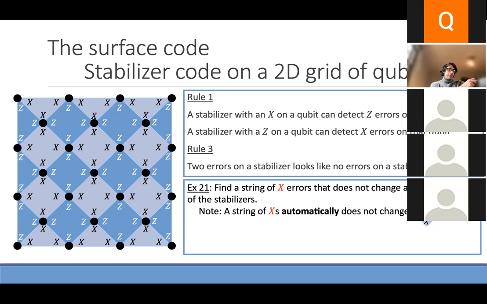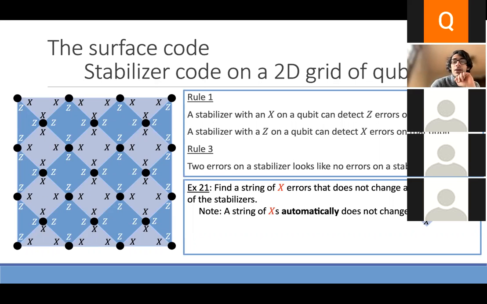I want you to think of putting down some X operators that the surface code can't detect. So you want to put down some X operators so that every stabilizer after this X error returns a value of +1.